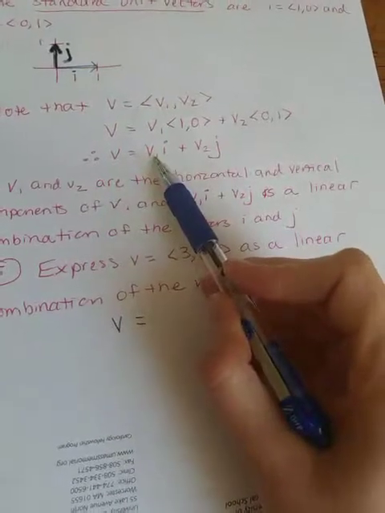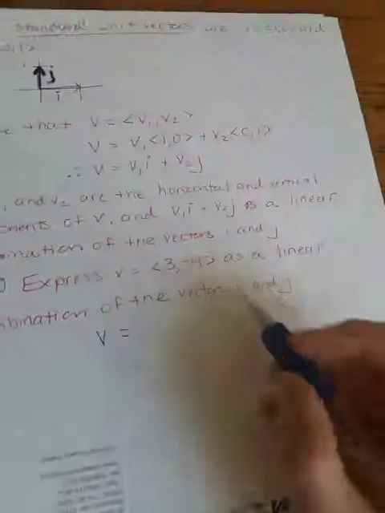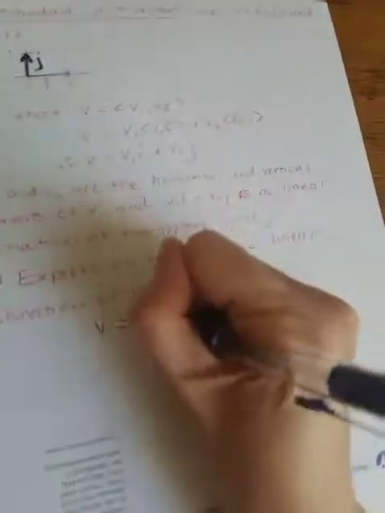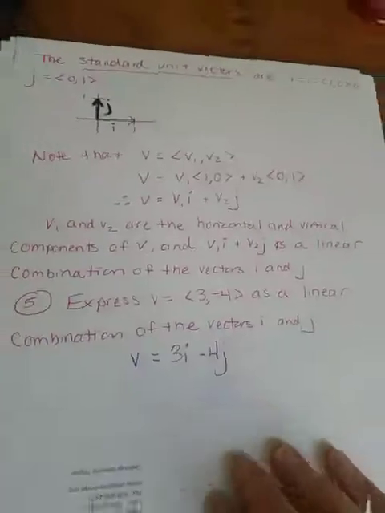There's really not much work to show. You just need to realize that I have my first value here that I multiply by i. So I have a 3, so I'm going to write it as 3i, and then minus 4j, and that's it. Really straightforward.